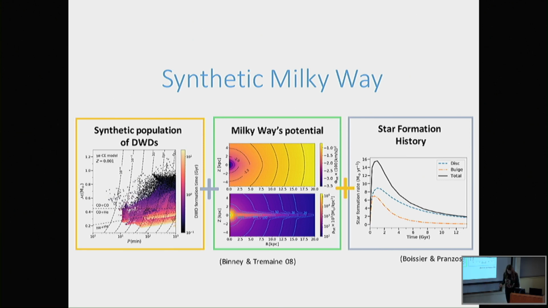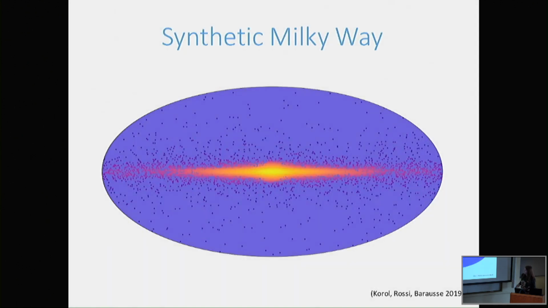And I use a star formation history from a numerical simulation that peaks at early times and then decreases down to roughly 2 solar masses per year at the present time. The combination of these three components, binary population, Milky Way, and star formation, gives me my mock galaxy.